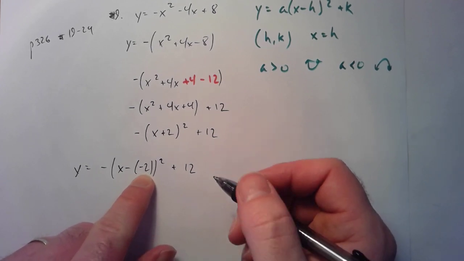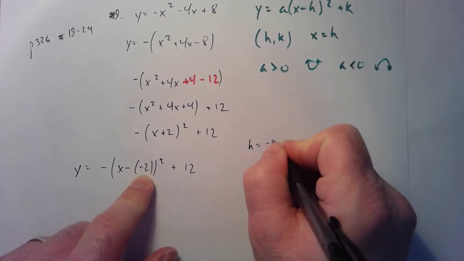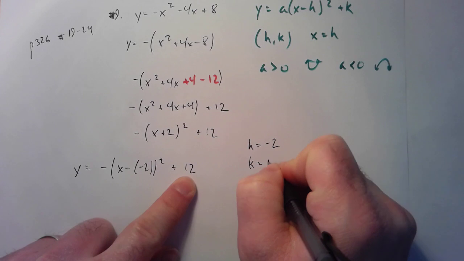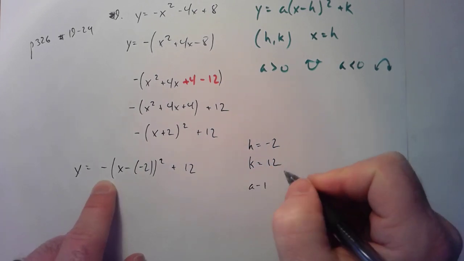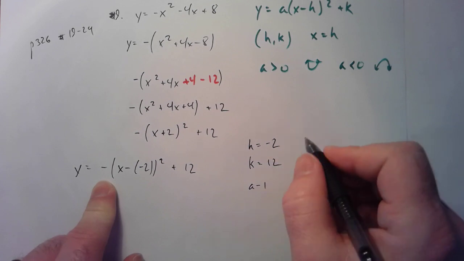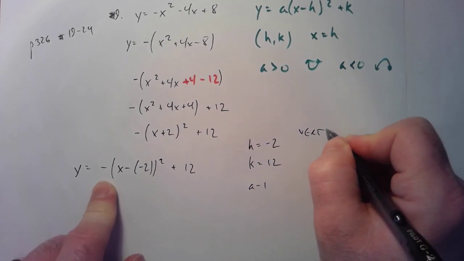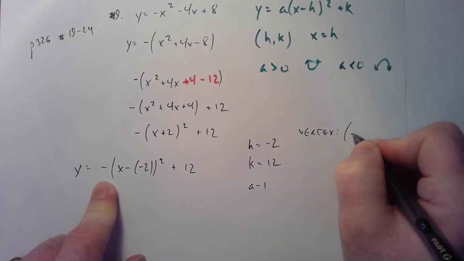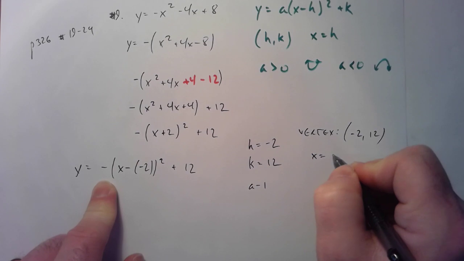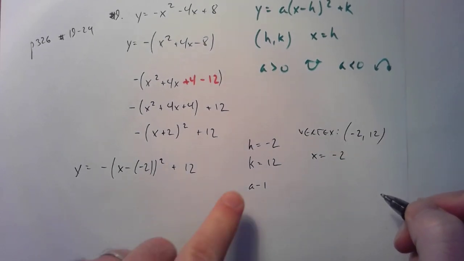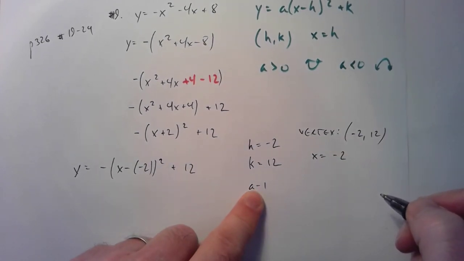h is -2. k is 12. a is -1, which means if h and k are these values, then the vertex is (-2, 12). The axis of symmetry is the line x equals -2, and it opens down.